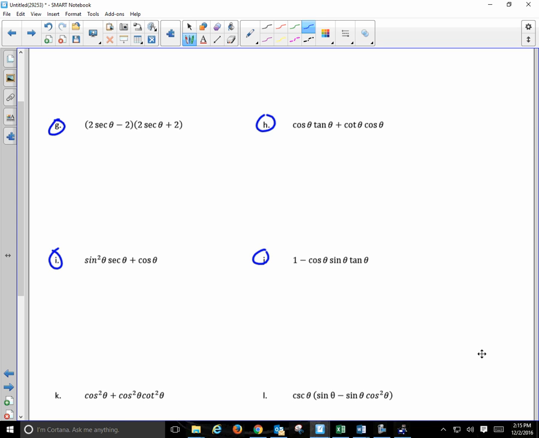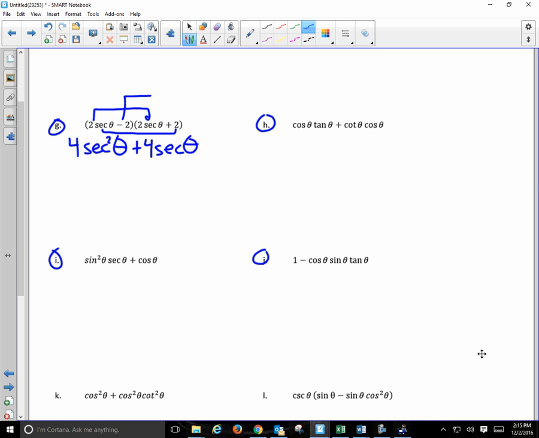Here we go. What do you think I do here? How do I simplify that type of expression? I'm going to distribute and multiply these out. What is 2 secant times 2 secant? 4 secant squared. And then 2 secant times 2, plus 4 secant.